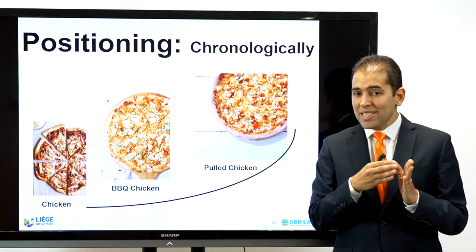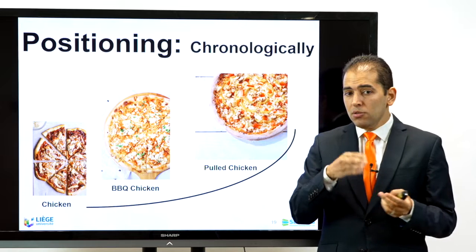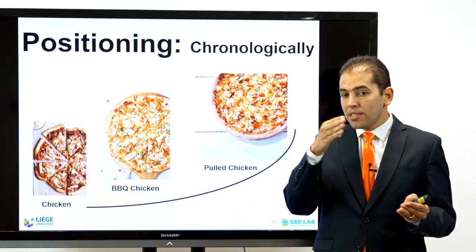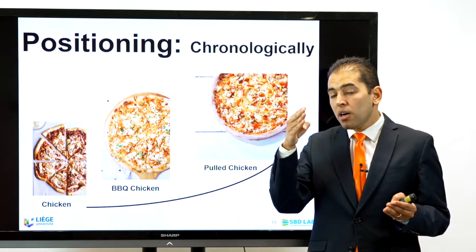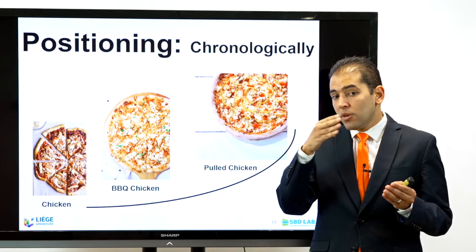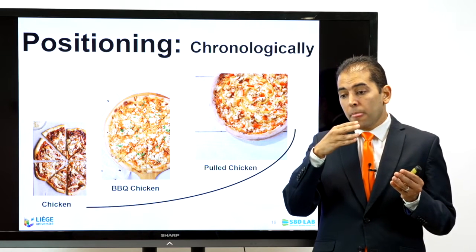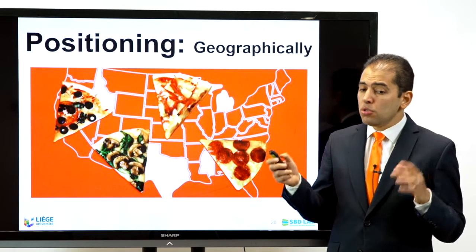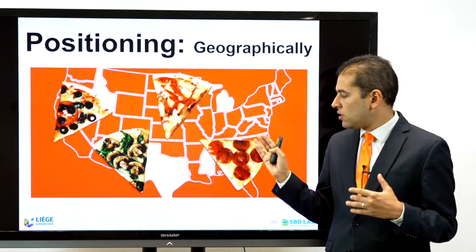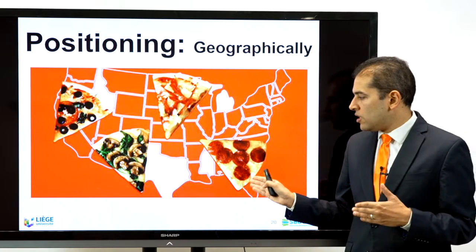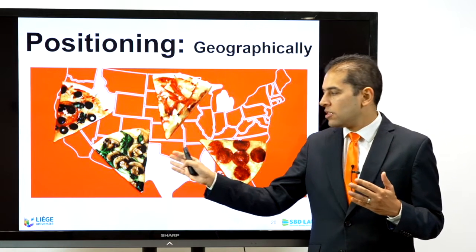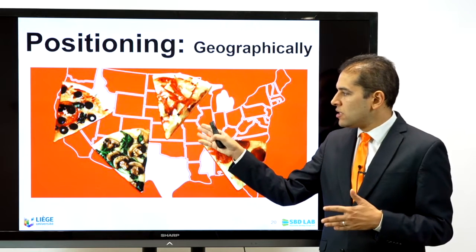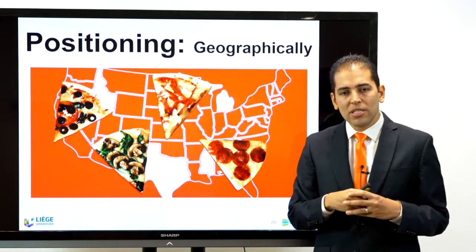When I'm conducting a systematic literature review, I can use the same approach to trace and observe a certain phenomenon, a certain situation, a certain evolution in a specific field, in a specific domain, and I can also do it geographically. I can say, okay, this pizza is in the southwest of the United States, this is in California, this is in Central, this is on the West Coast, and so on.